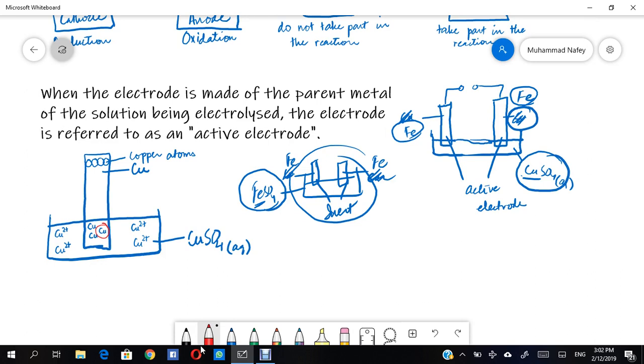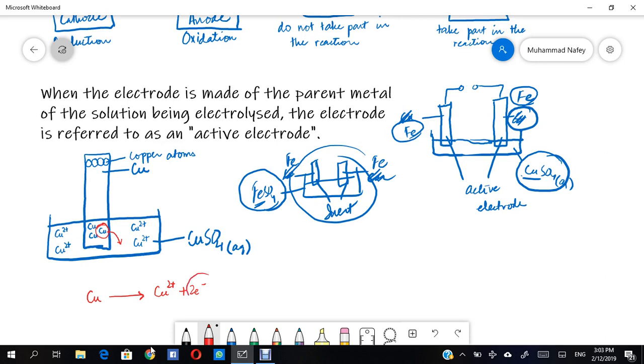What will this copper atom do? This copper atom will form ions. It will become an ion and move into the solution. In order to become a copper ion, it needs to lose electrons. It would have lost 2 electrons to become a copper ion. So now this copper metal atom has become an ion and moved into the solution.